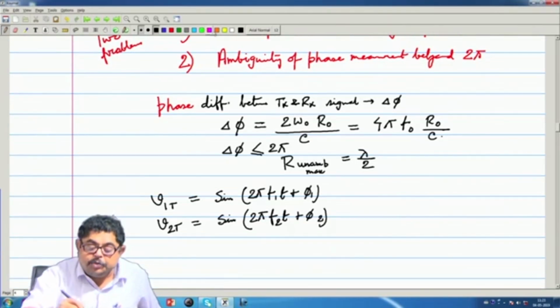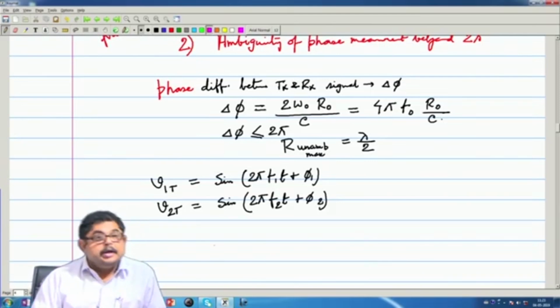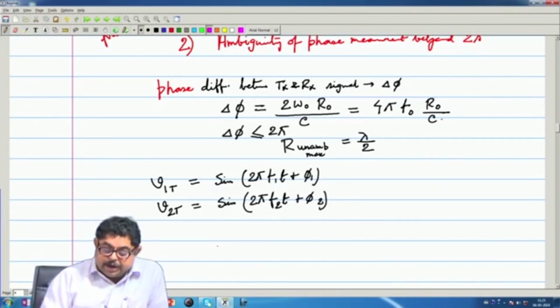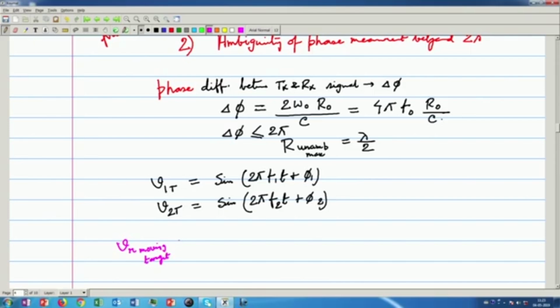I am writing the received signal VR from a moving target: sin(ω0 ± ωd t). Please refer to this, we have already derived it.